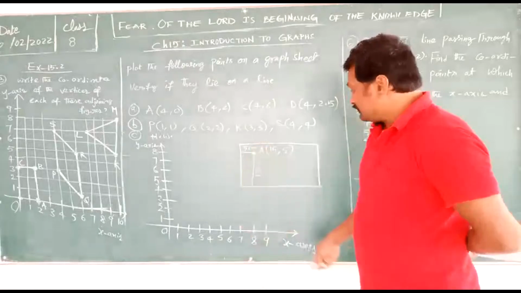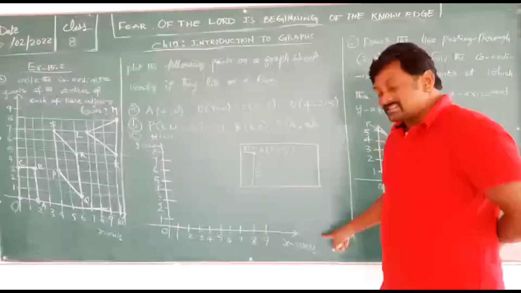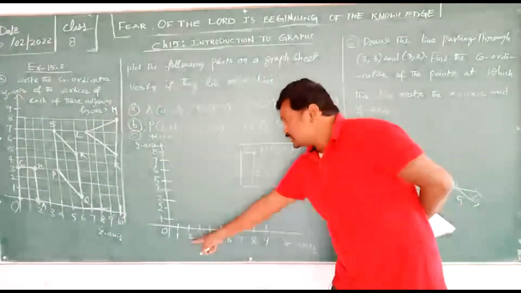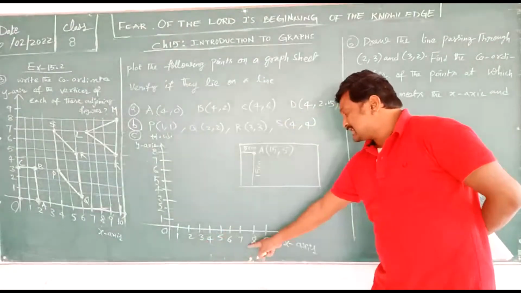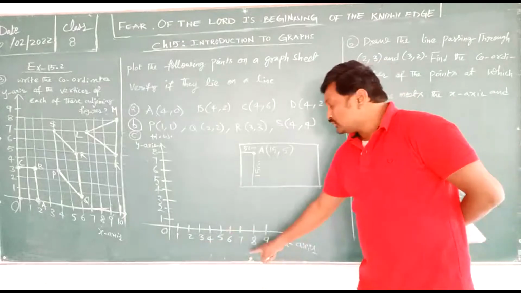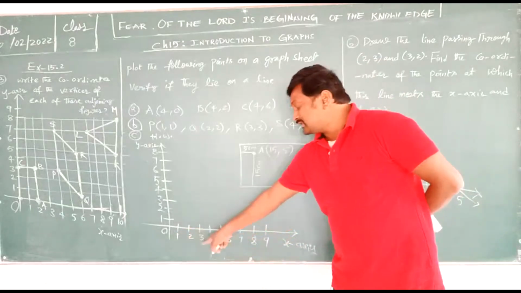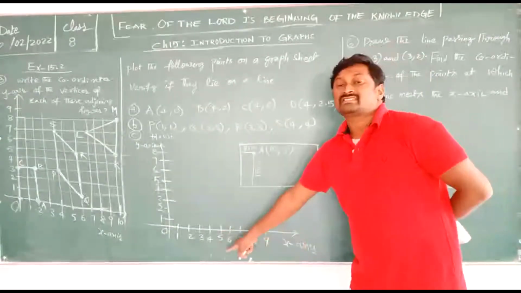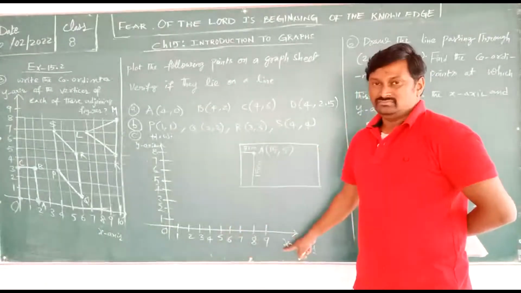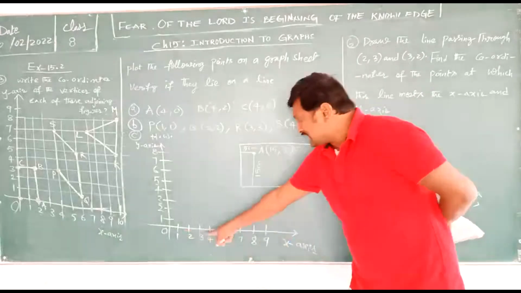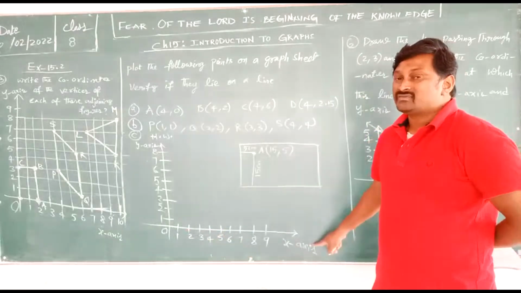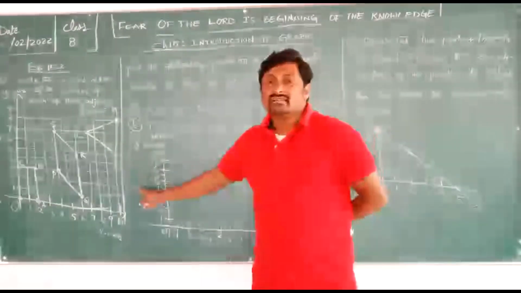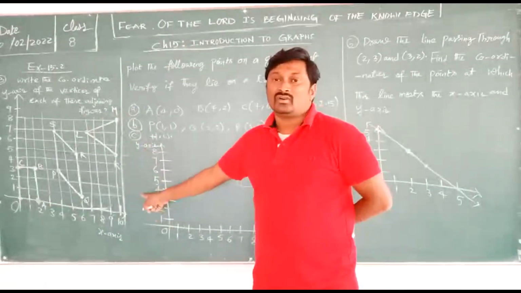Let's see. Say this is the x-axis, and whichever numbers are here, 1 2 3 4 5 6 7 8 9 in the graph, those numbers we call x coordinates. Wherever the horizontal line value is, we call it the x coordinate, and the vertical one we call the y coordinate.